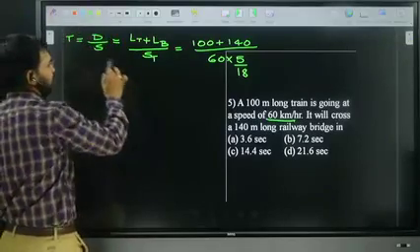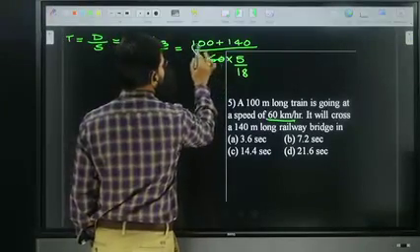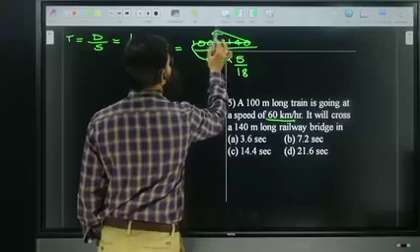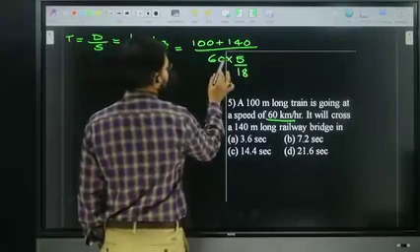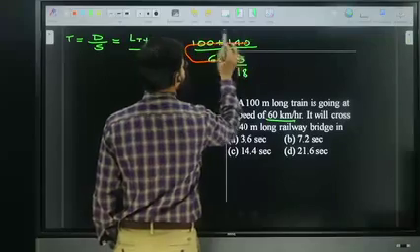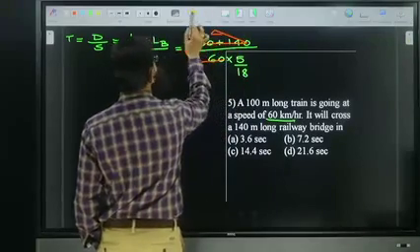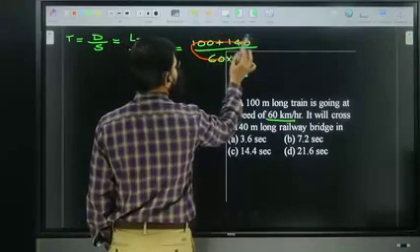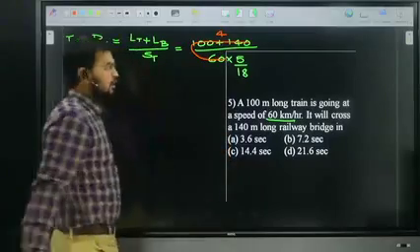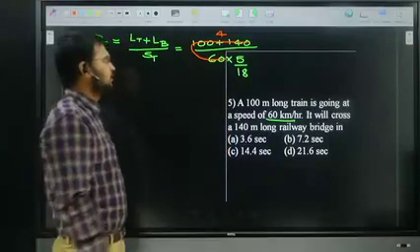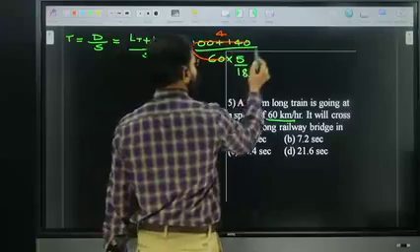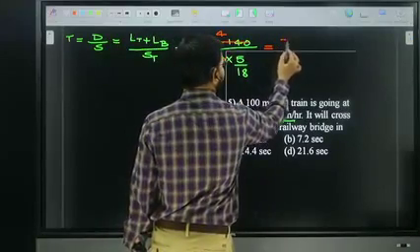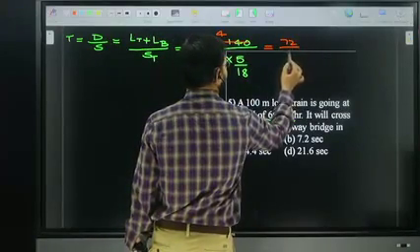Look at me, all of you. 6 ones are, 6 fours are 240, okay? Now 18 comes to the numerator, 72 by 5.